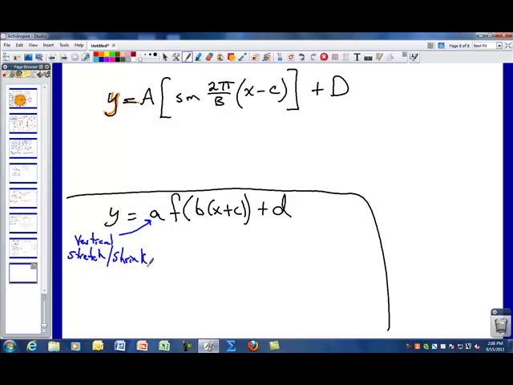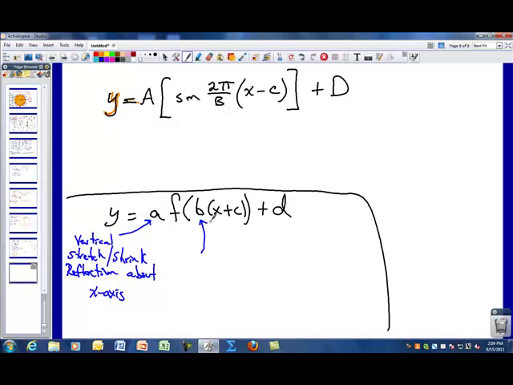So we have a vertical stretch or shrink, and that also affects the reflection about the x-axis, depending on whether it's positive or negative. If it's negative, it might cause it to flip from above the x-axis to below the x-axis. So that one's the vertical stretch or shrink and reflection on the x-axis.